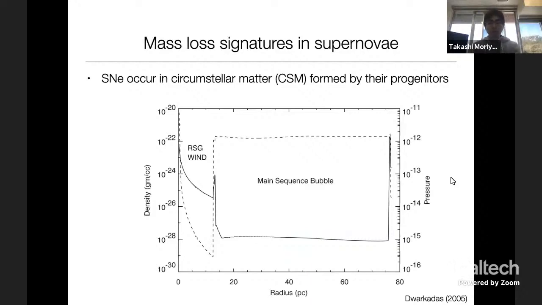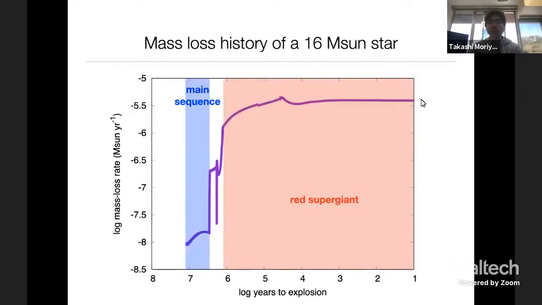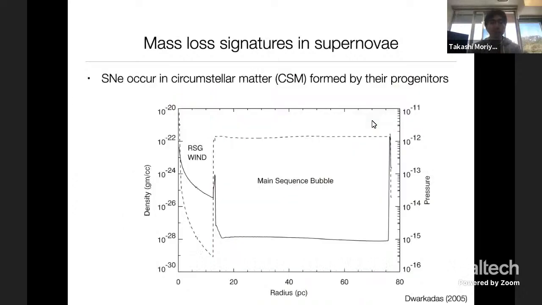So these supernovae from red supergiants, of course, explode after this mass loss happens. That means these supernovae occur in the circumstellar matter formed through their progenitors. This is one example of the simulated circumstellar structure of a red supergiant explosion.